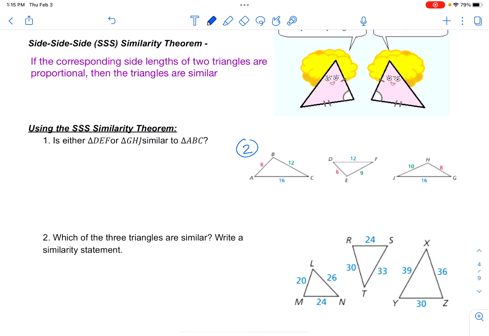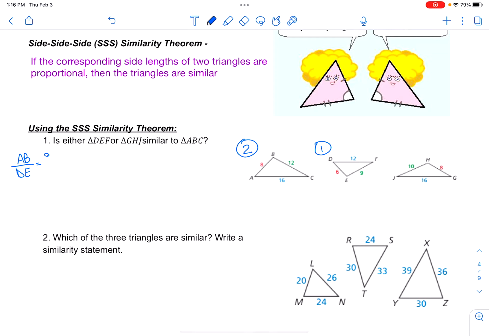So I'm going to label triangle ABC as my triangle 2 and DEF as triangle 1. So at this point, we are just lining up the sides to make our proportions. So side AB goes with side DE from the DEF triangle.